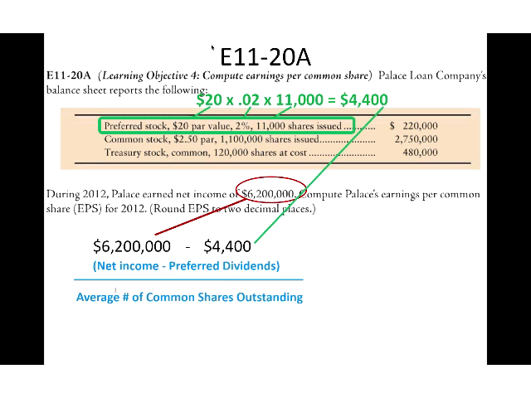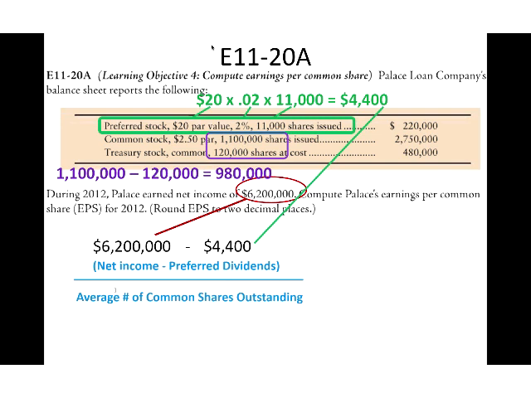That's our numerator. So now we need the average number of common shares outstanding. It just tells us we don't have to do beginning of the year plus end of the year divided by 2, because they're not giving us beginning and ending of year. The most frequent thing I would see people do here is grab that 1,100,000. However, that's not our common shares outstanding. That's how many common shares we've issued. What we have to do here is subtract the treasury stock, because if we buy it back, it's no longer part of our common shares outstanding.